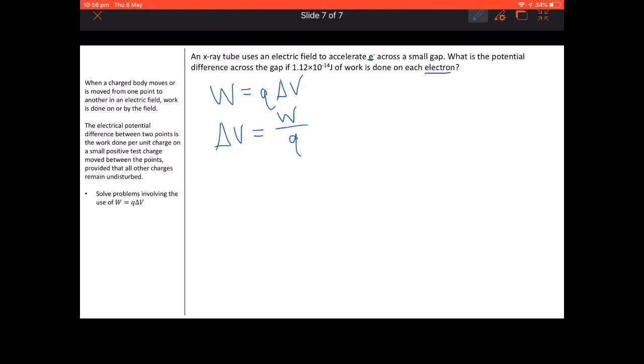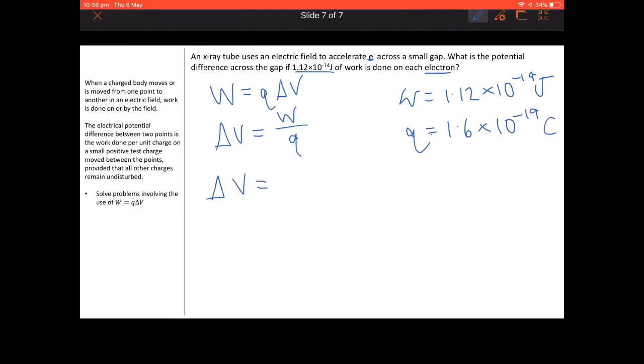And we know that our work is 1.12 by 10 to the negative 14 joules, as mentioned here, and our charge of an electron, which we'll have on our formula sheet, is 1.6 by 10 to the negative 19, and that will be coulombs.